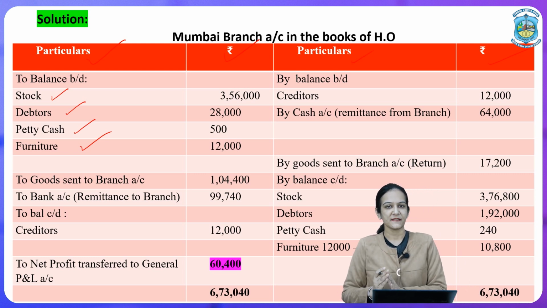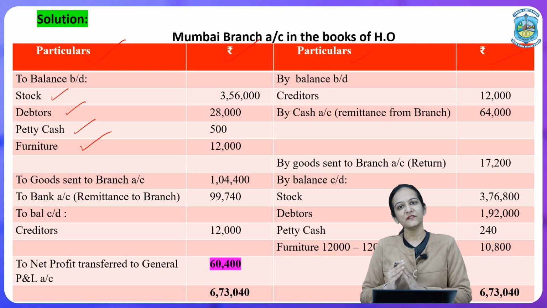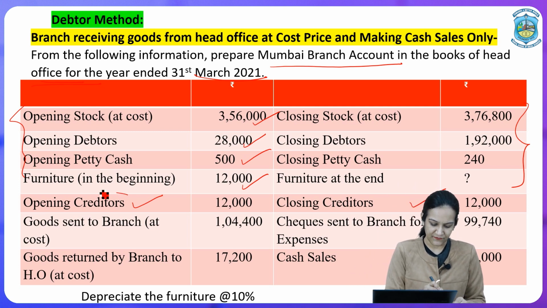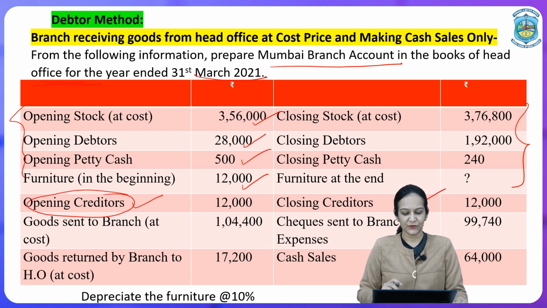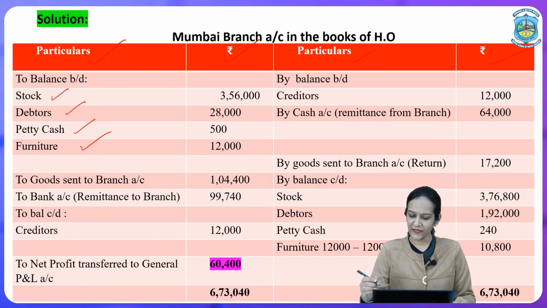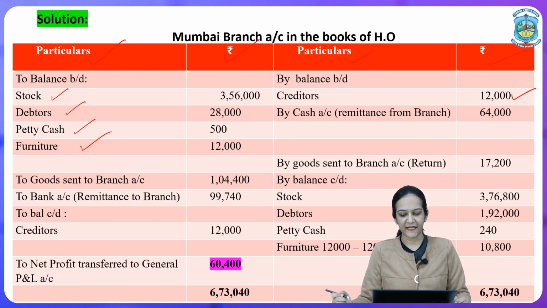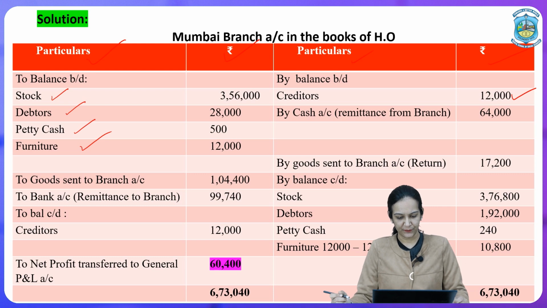Now the credit side of the branch account will start with the opening balances of liabilities given in the question. Here you will find that only one liability is given, that is creditors. So we will write this down at the credit side of the branch account: by creditors 12,000 rupees.